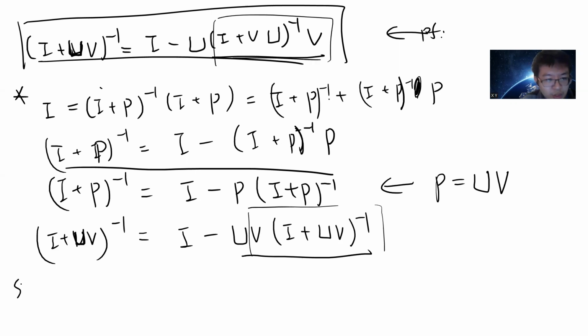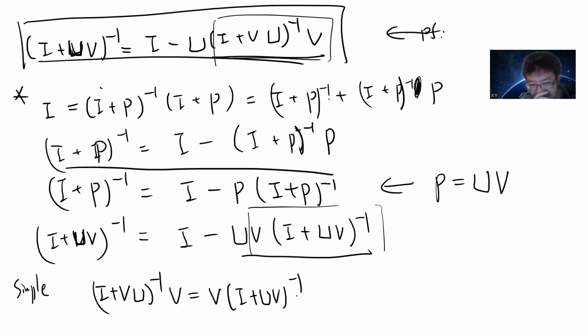But this is a simple exercise. You can check that (I + VU) inverse V is the same as V (I + UV) inverse. The reason is that you can just use cross multiplication.